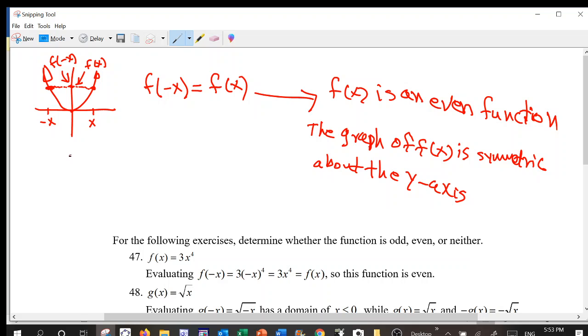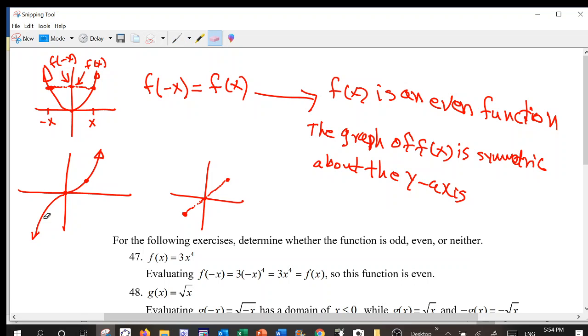Now, an odd function is a function that is symmetric with respect to the origin. So let's say we have a graph that looks like this. Right? So here's a point. Now, what is symmetry with respect to the origin? Symmetry with respect to the origin means that if you have a point on the graph and you connect it to the origin, then you go the same distance on the other side of the origin and there is a point on the graph.